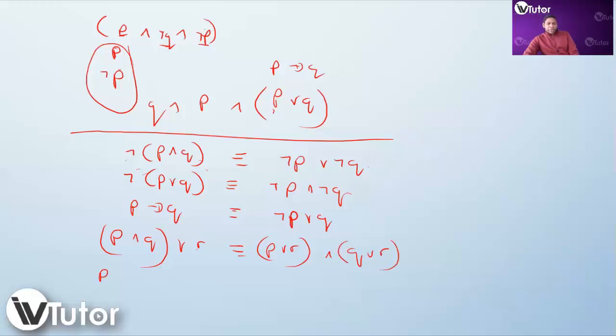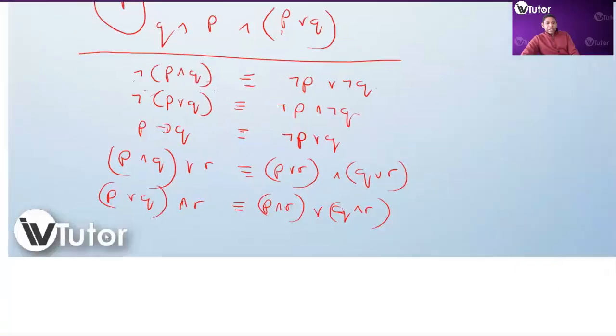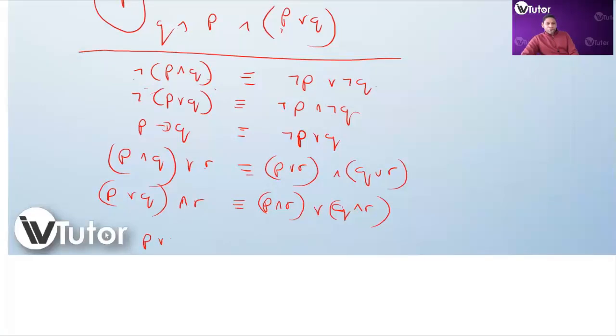As well, P or (Q and R) is also going to be (P or Q) and (P or R). You can get P or Q, and then they say and R or Q. But the goal is to put it in disjunctive normal form. It is in conjunctive normal form, and we want to progress to disjunctive normal form.